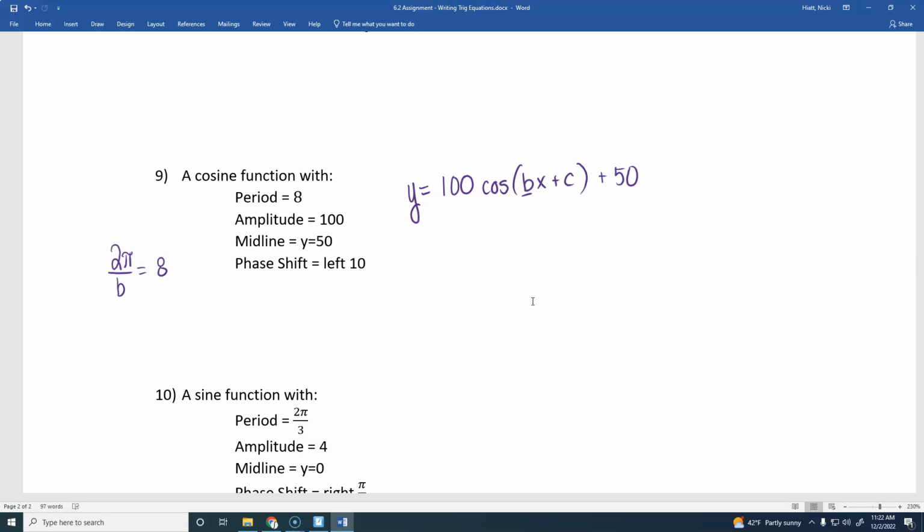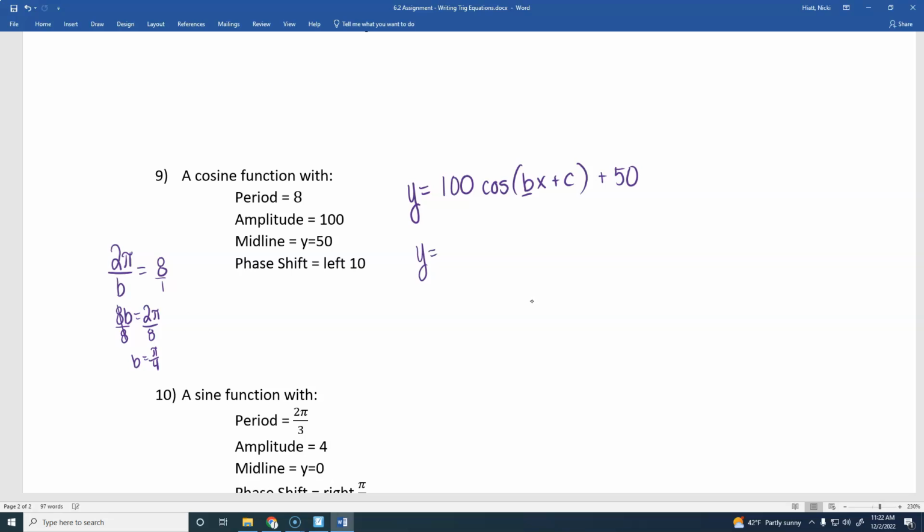Since we're going backwards, you're not using the formula by taking it and setting it equal to what you want your answer to be. If we do that, we can cross multiply. We'll have 8b equals 2 pi, and we can divide by 8, so b would equal pi over 4.